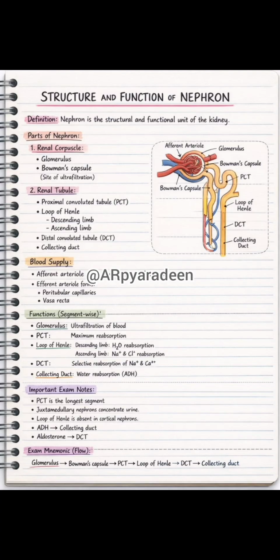Coming to the second step, reabsorption. Reabsorption mainly takes place in the proximal convoluted tubule. Next, it also happens in the loop of Henle, distal convoluted tubule and collecting duct in some amount.